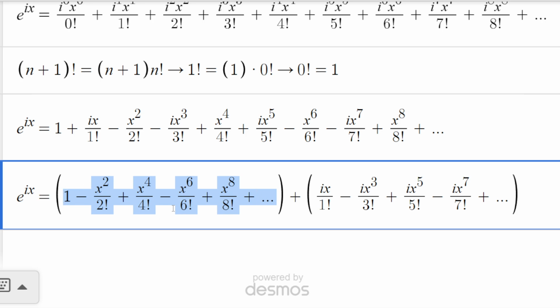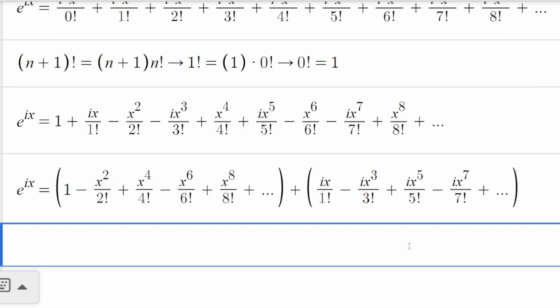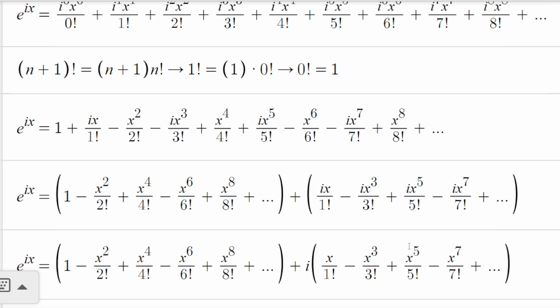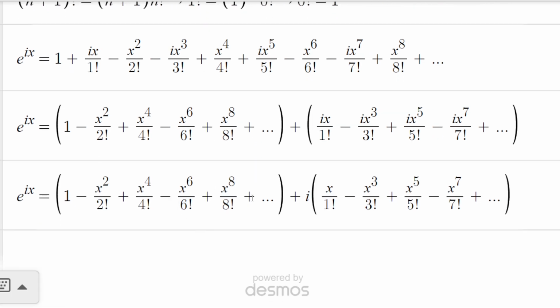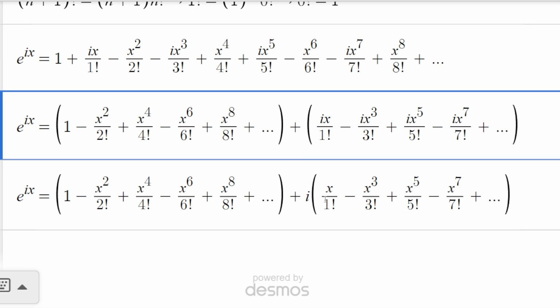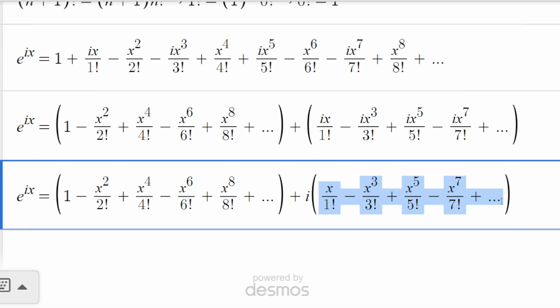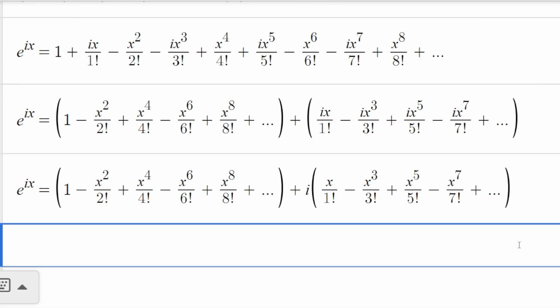This is the expanded version of the Maclaurin series for cosine of x. So what we have now is that e to the ix is equal to this, and then right here I just factored out an i. And this is the expanded version of the Maclaurin series for sine of x.